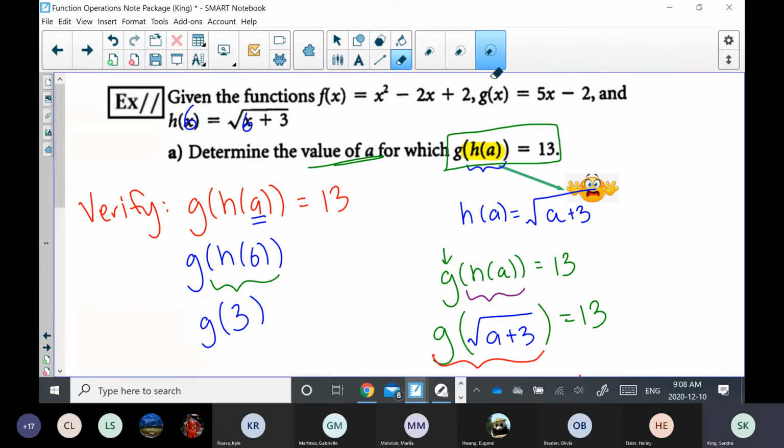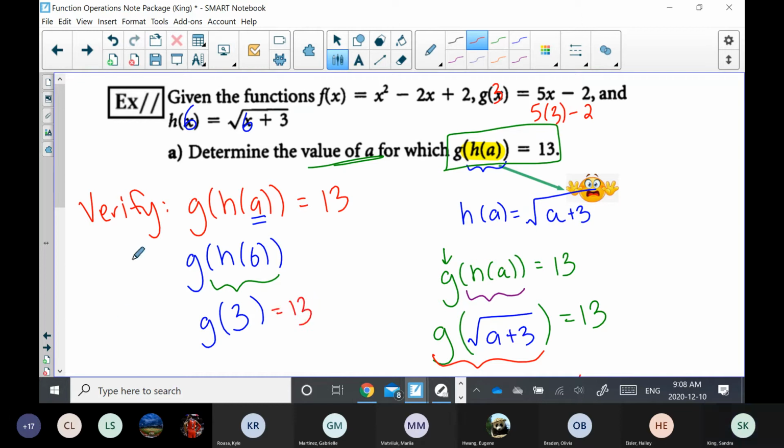So I'm going to say, okay, what's the g of 3? If I put in 3 here, 5 times 3 minus 2. 5 times 3 is 15. 15 minus 2 is 13. So my left-hand side would give me 13, and my right-hand side is 13. If left side is equal to right side, you are verified.